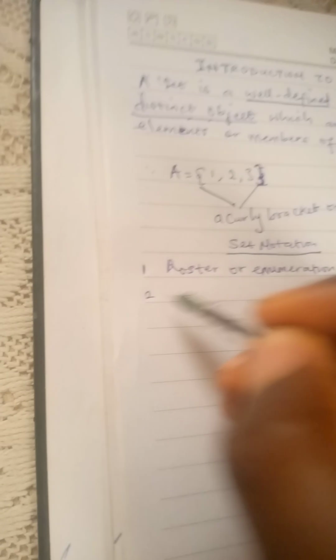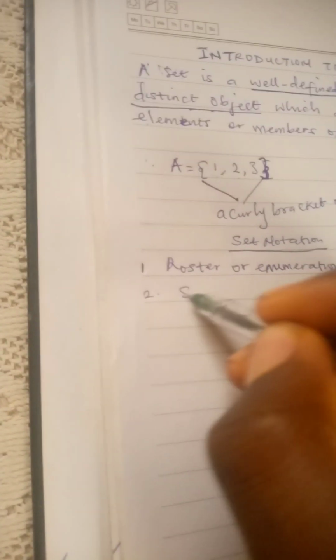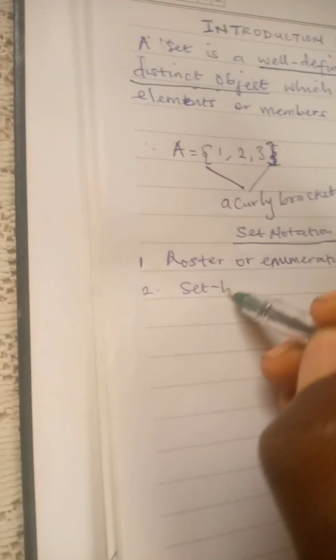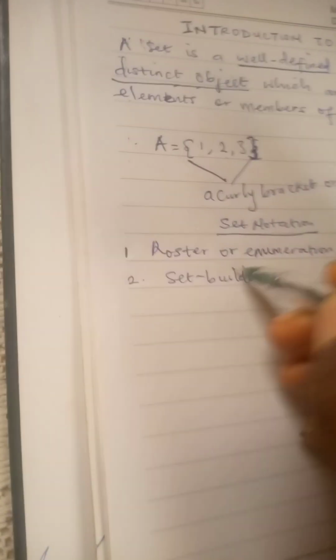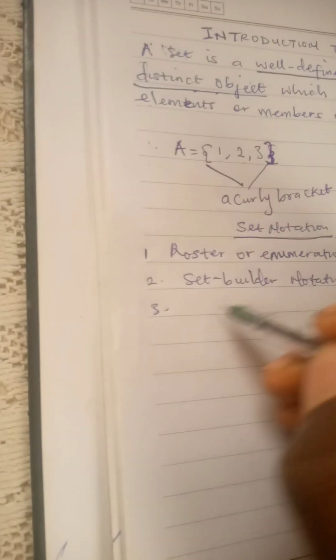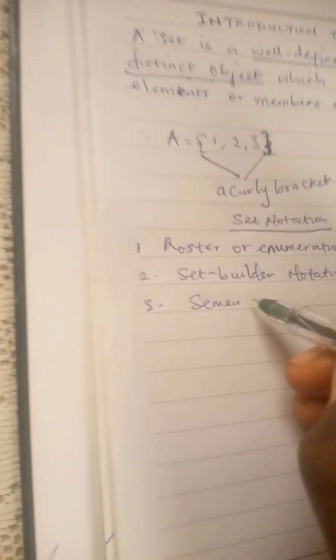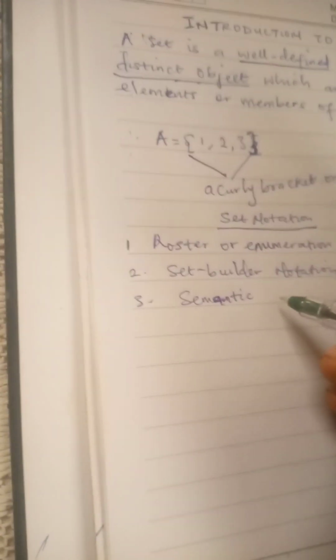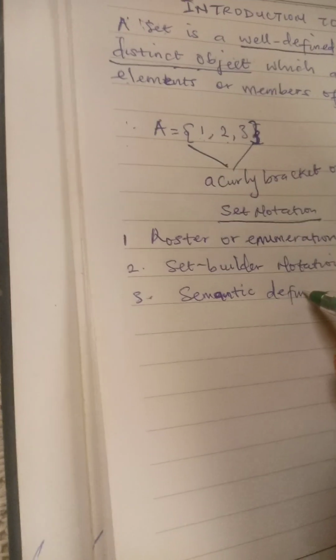Okay, number two, we have set builder notation. And number three, we have semantic definition.